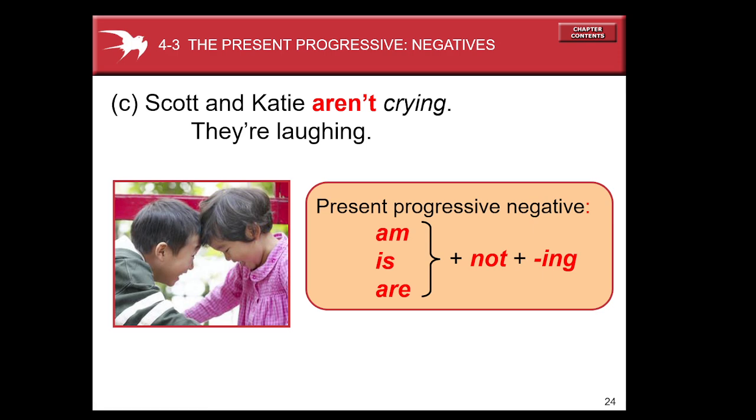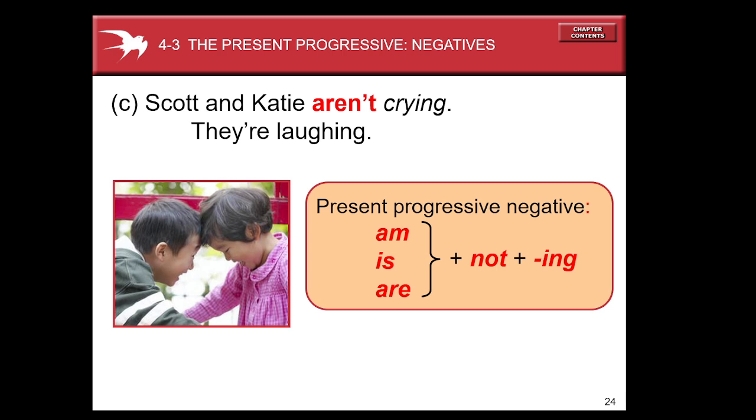Let's see it. In this picture, there are two kids. Let's read. Example letter C. Scott and Katie aren't crying. Aren't is are not.